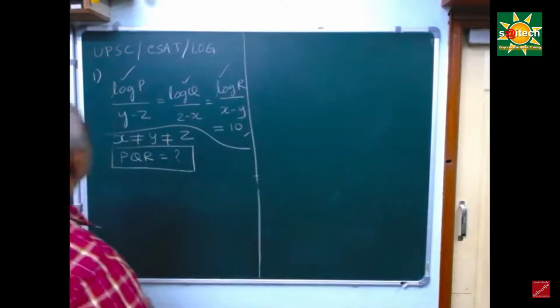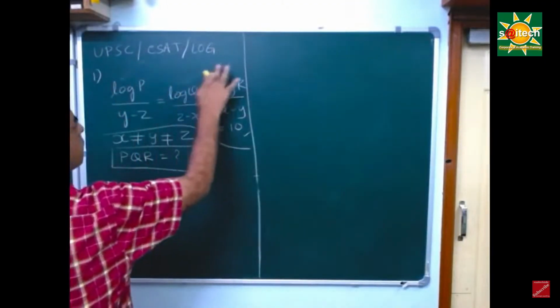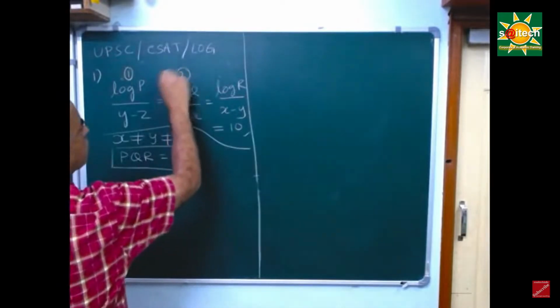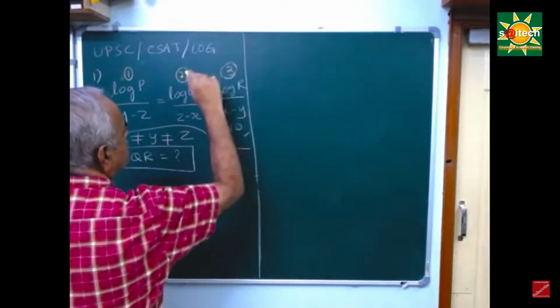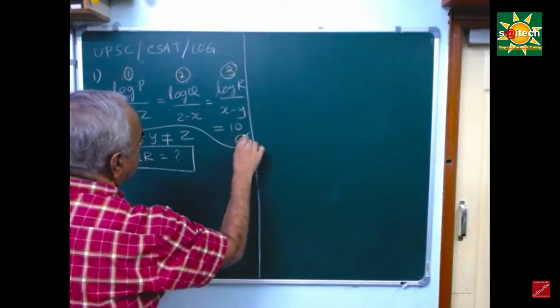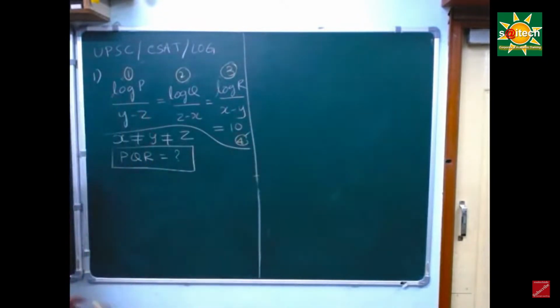Now listen, this is the first term, this is the second term, this is the third term, and all of them are equal to this fourth term, that is 10, okay?